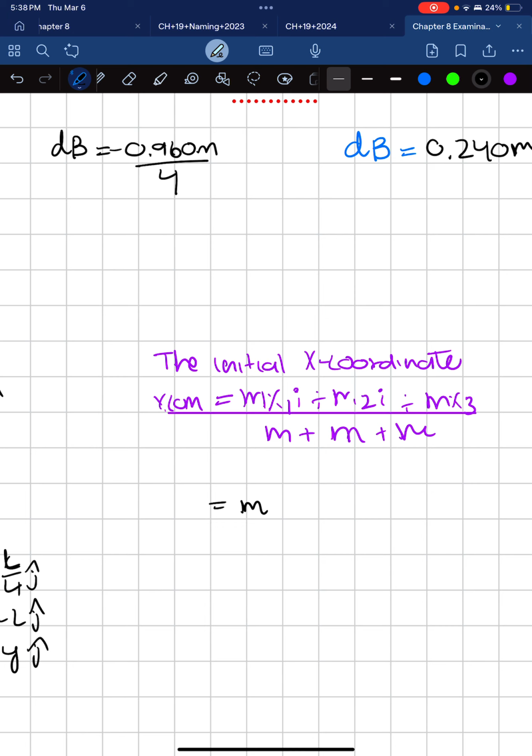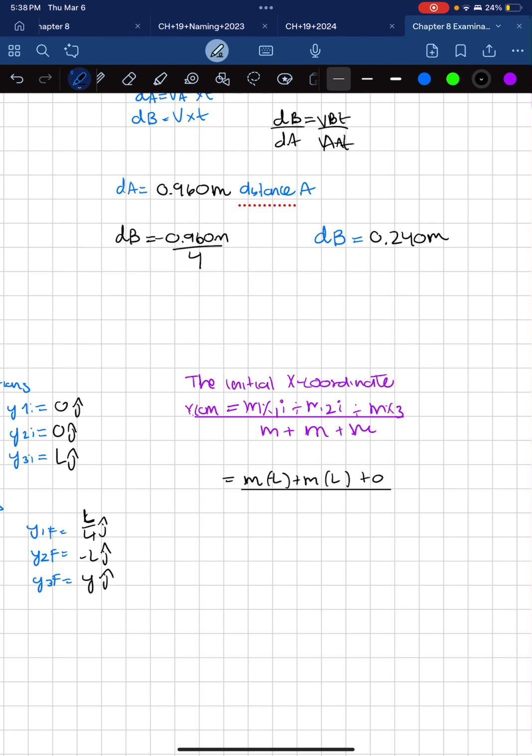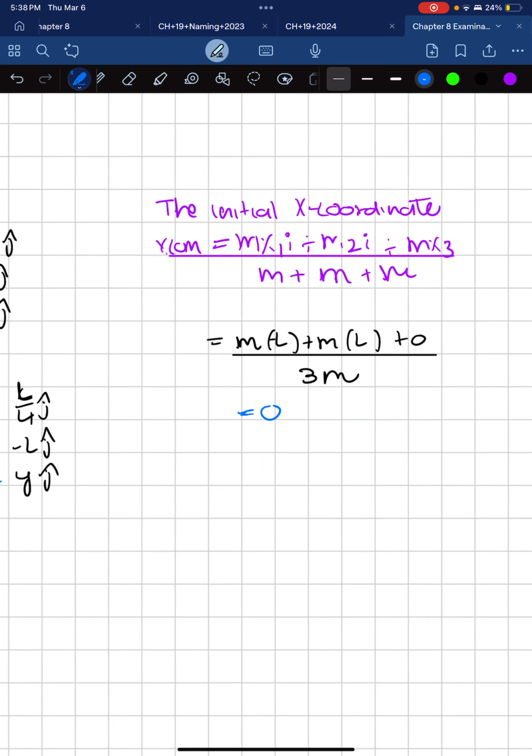We have M, then L plus M, L plus L over, the sum of the three masses. We don't have the masses, so let's put that. So we have 0. And now let's find the final x coordinate of the center of the mass.